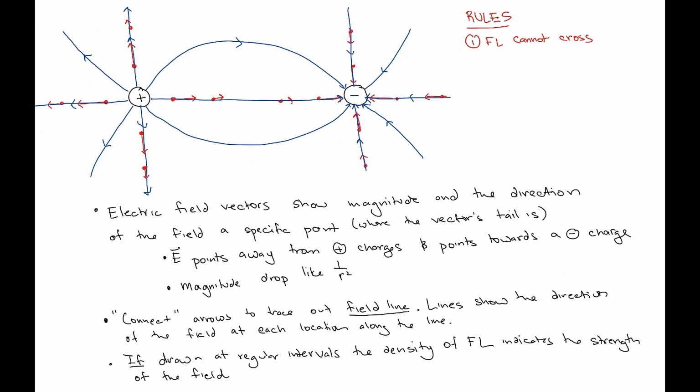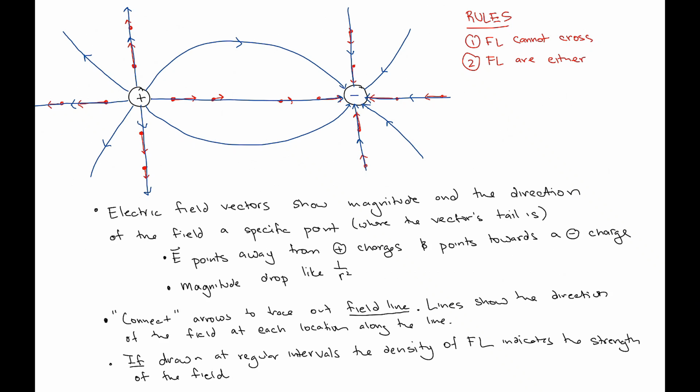And the second rule is that field lines are either closed loops, or we'll just say closed because they're not really, oops, I didn't draw it.